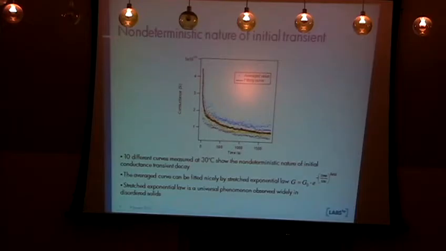And this average curve can be fitted nicely by the stretched exponential law, which is a universal phenomenon observed widely in disordered solids. So such non-deterministic nature of the initial transit indicates the disordered nature of the active layer of the titanium oxide after the formed state.